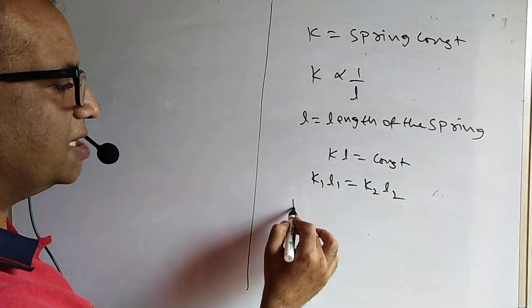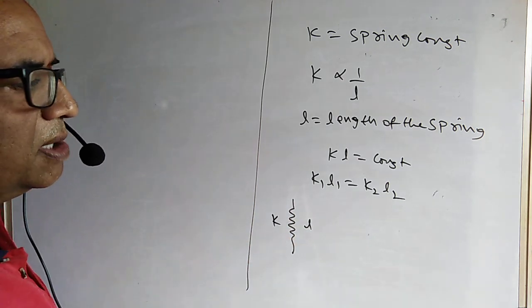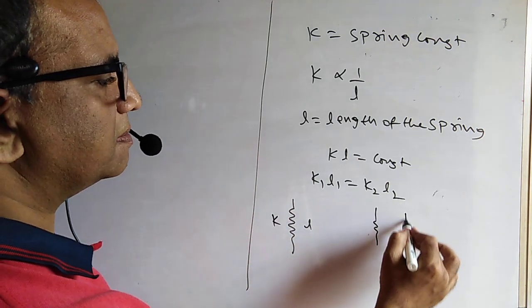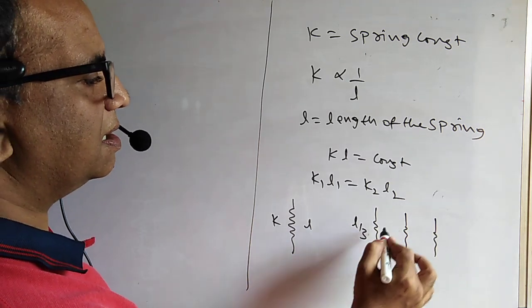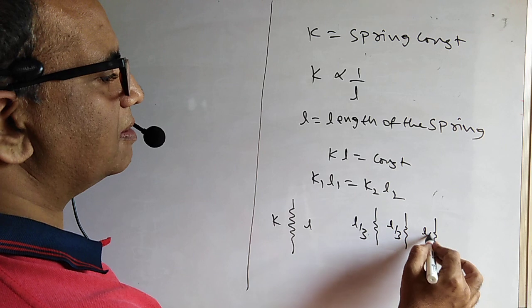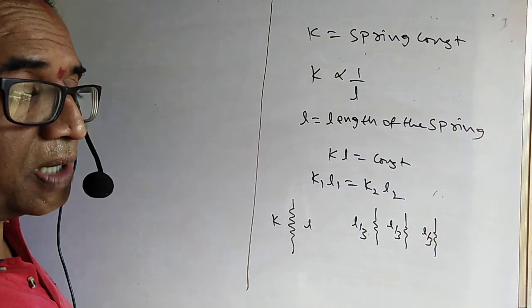For example, let us take one spring of length L and spring constant K. Suppose you make it into three parts: one is L/3, another one is L/3, another one is L/3. But all the three will have different spring constants now.